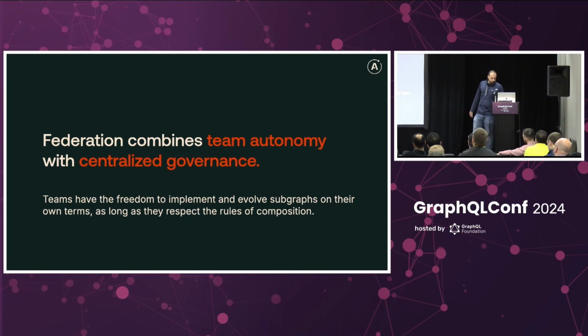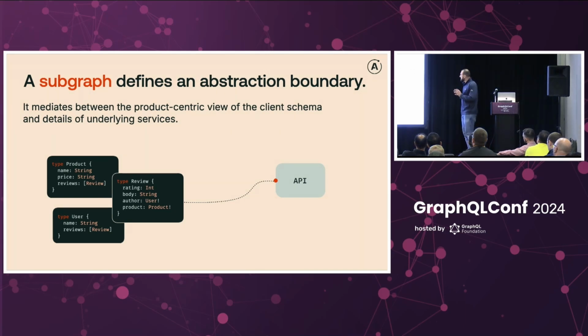Something I want to stress here, because this often comes up in discussions, is that a subgraph defines what you might call an abstraction boundary. As part of federation, it defines its capabilities and its needs in terms of the overall schema, but that's just the outside of the subgraph.